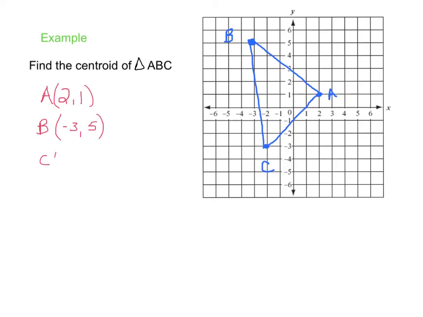Now how about point C? C is at negative 1, negative 2, negative 3. I believe that is right. (-2, -3). Okay, so we have our 3 points.